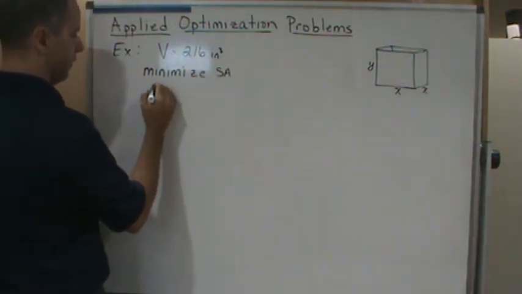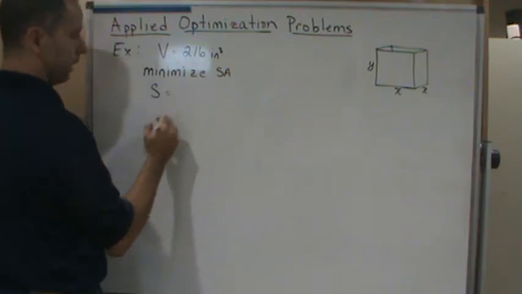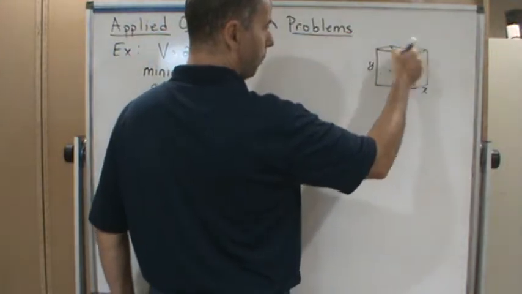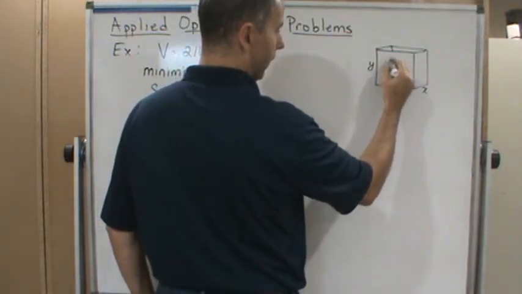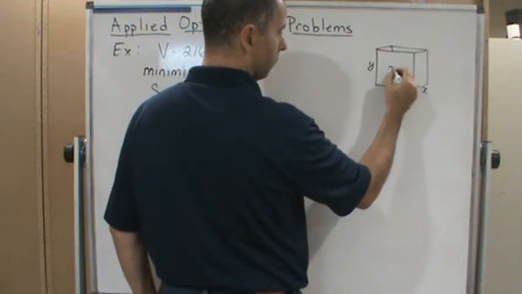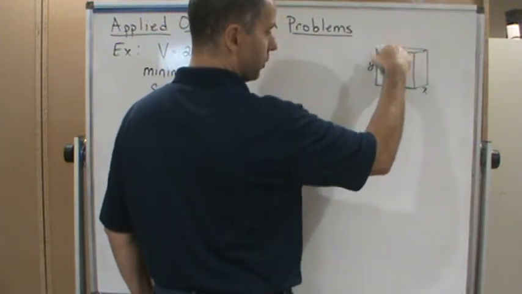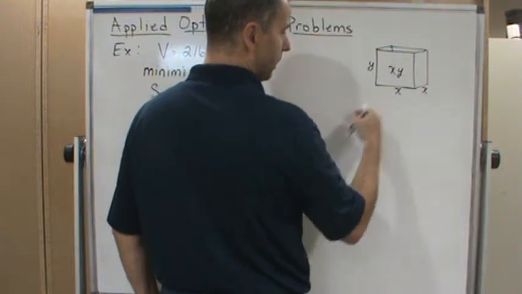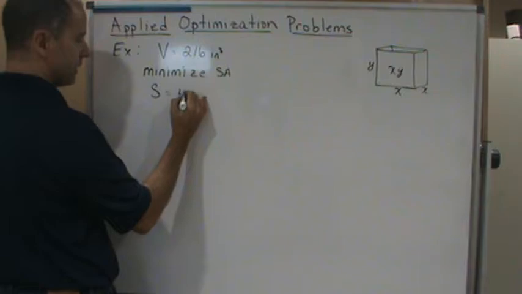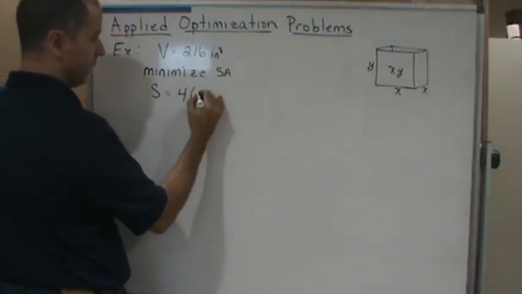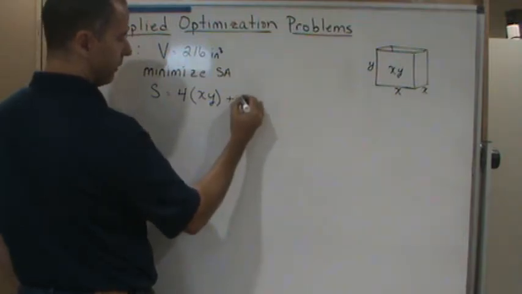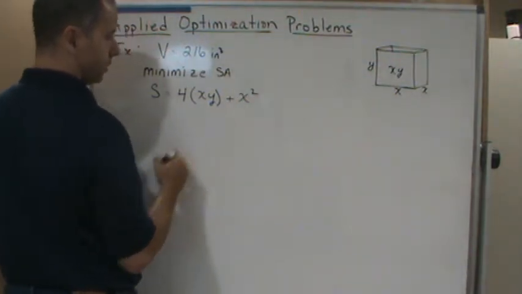The formula for surface area, we'll call it S, is the area of all the sides. Well, it's open, so there's no top. So the area of each side is x times y, times 4, since there are 4 sides. And then the base is just a square, so it's x squared. So S equals 4xy plus x squared.